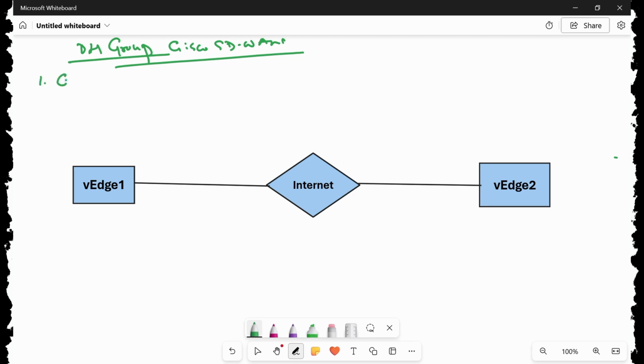Likewise, we have group 1, which is basically 768 bits, and this one has low security, and because of low security, it is rarely used.